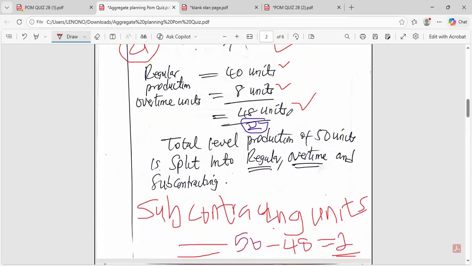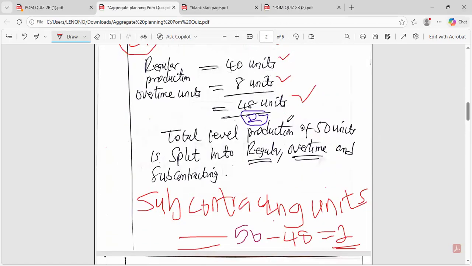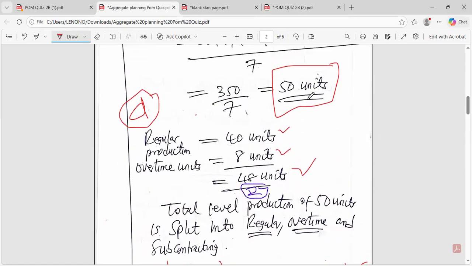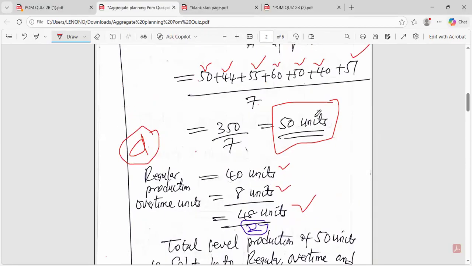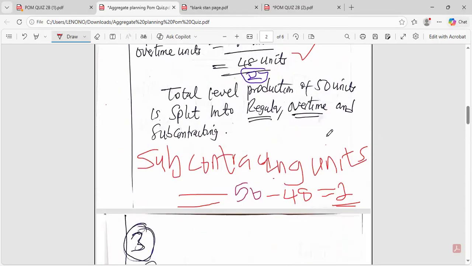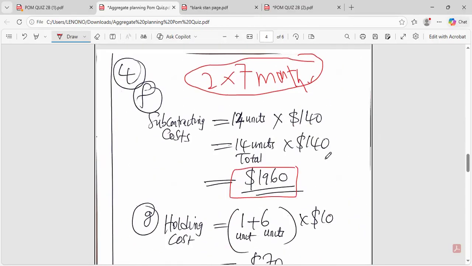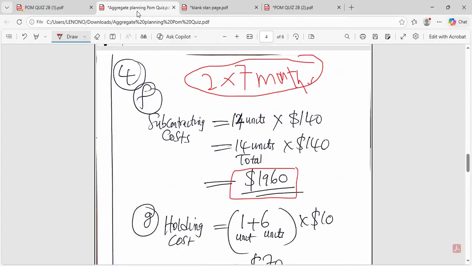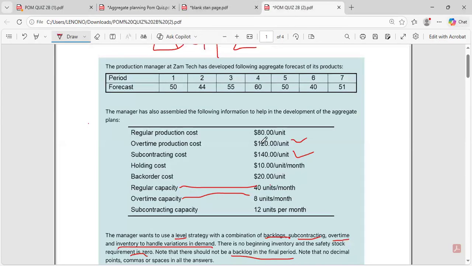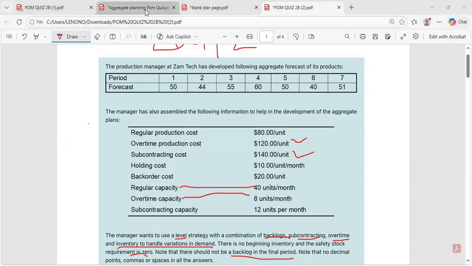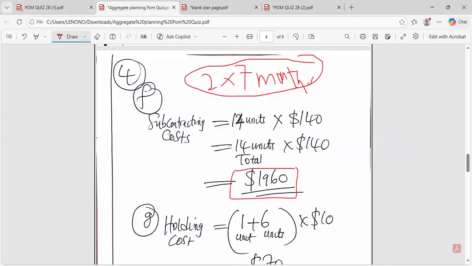Like I mentioned, from the total production of 50, there were 2 units being subcontracted per month. For 7 months, we get 14 units times $140, which is given. So this is how we get the value 1,960.